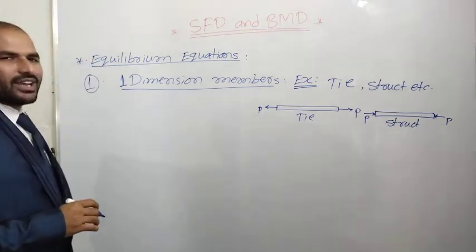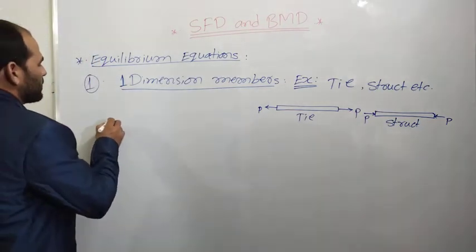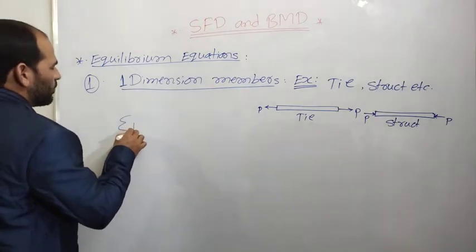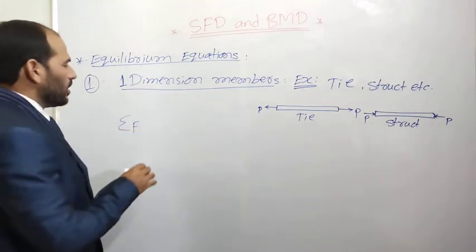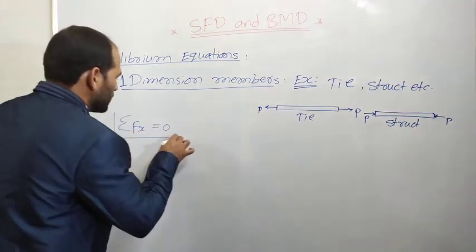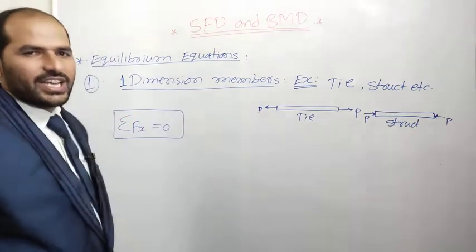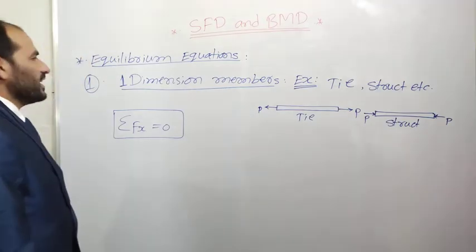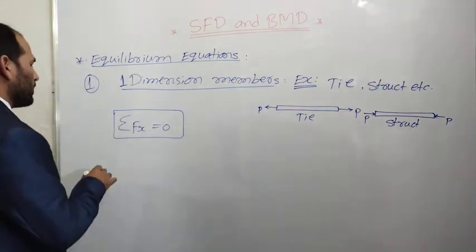The equilibrium equation is that the summation of forces along the x direction is equal to 0. The summation of forces along the x direction must be 0. This is for a one-dimensional member.